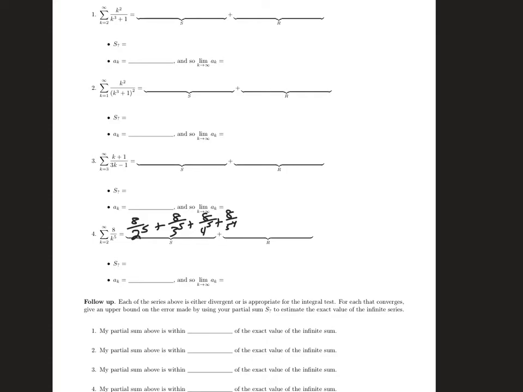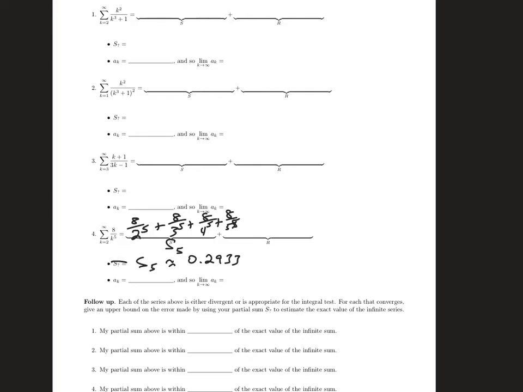Notice that the last one I wrote there was 8 over 5 to the 5th. In other words, when k was 5 was the biggest term I had there. So I'm going to refer to that as S5. And in this problem, S5 is, hang on, looks like my S5 is 0.2933.